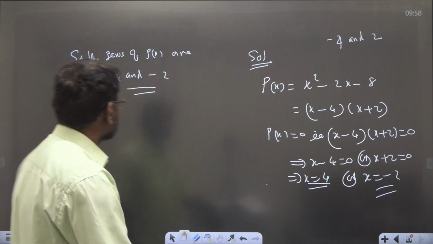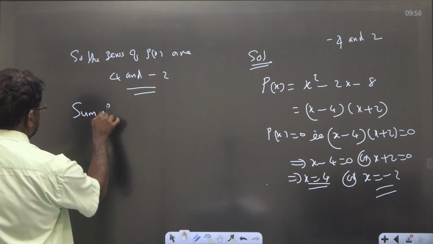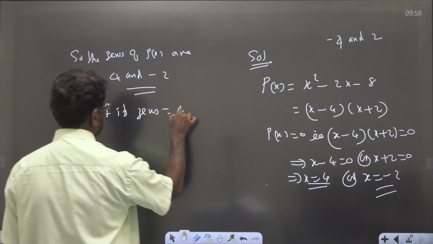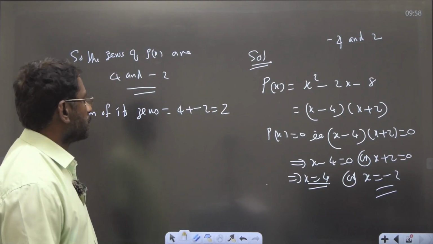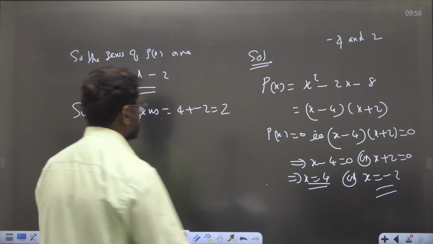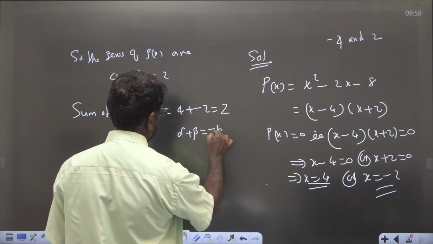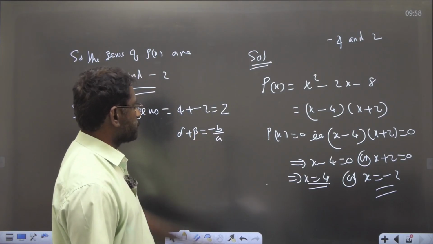Then the sum of its zeros is equal to 4 plus minus 2, that is 2. Using the equation alpha plus beta equal to minus b by a, the sum of the zeros is minus b by a.